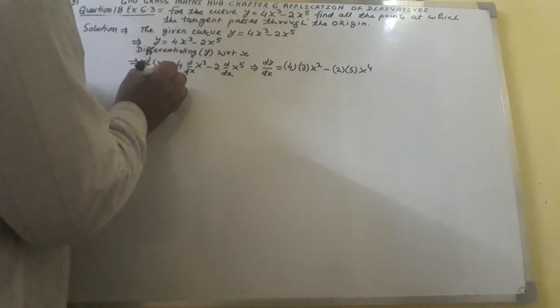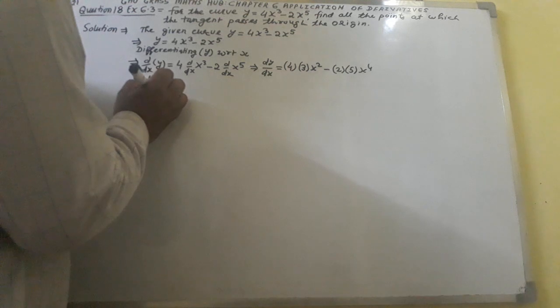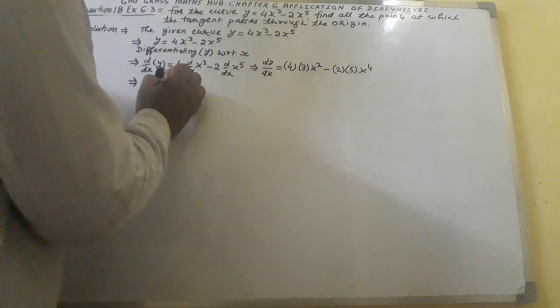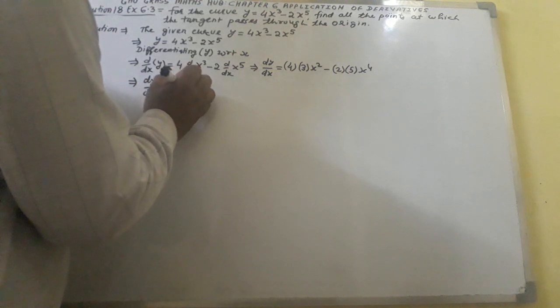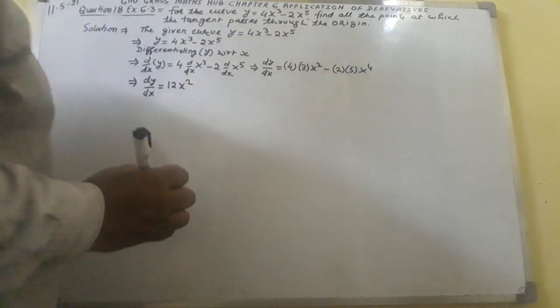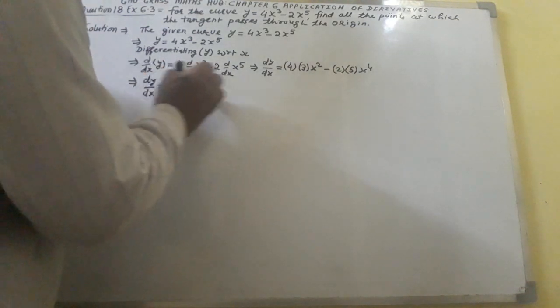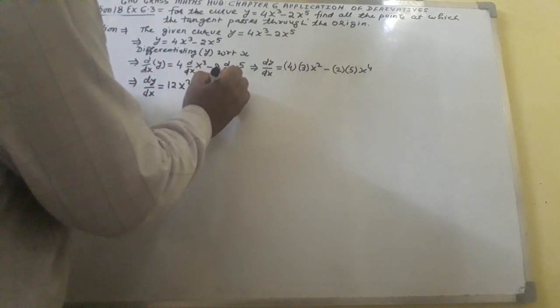So again I shall write dy over dx equal to 4 times 3 is 12x square, minus 2 times 5 is 10x raised to the power 4, we have got.